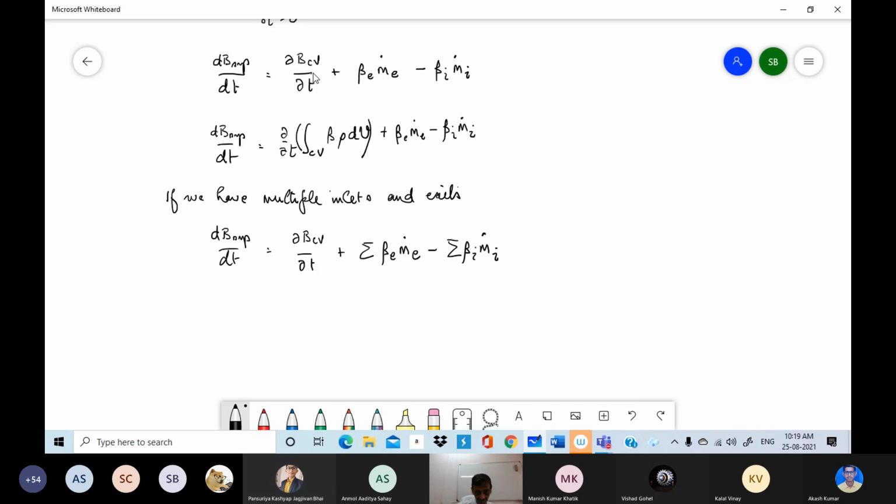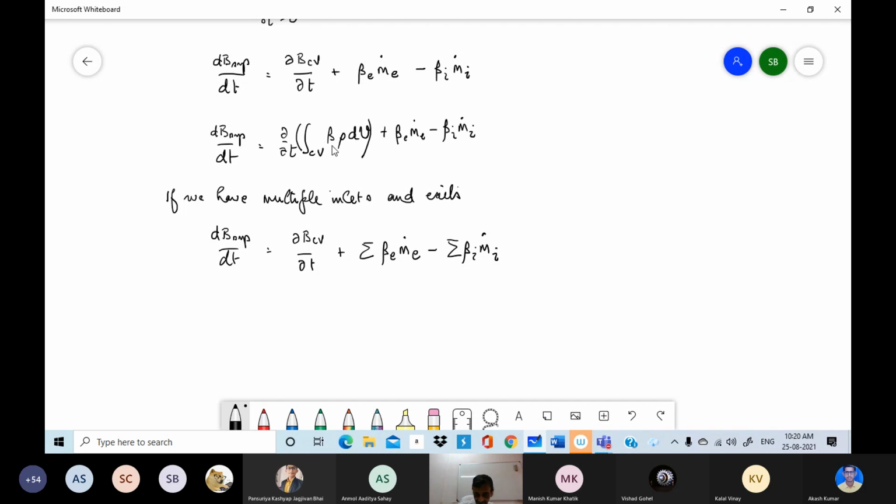This BCV I have written as an integral. So this is the rate at which B changes in the control volume. B of CV is an extensive property.